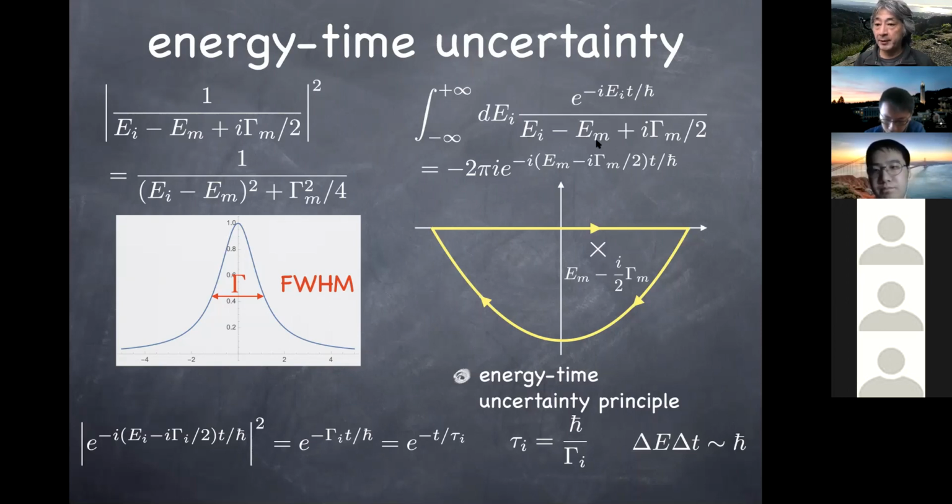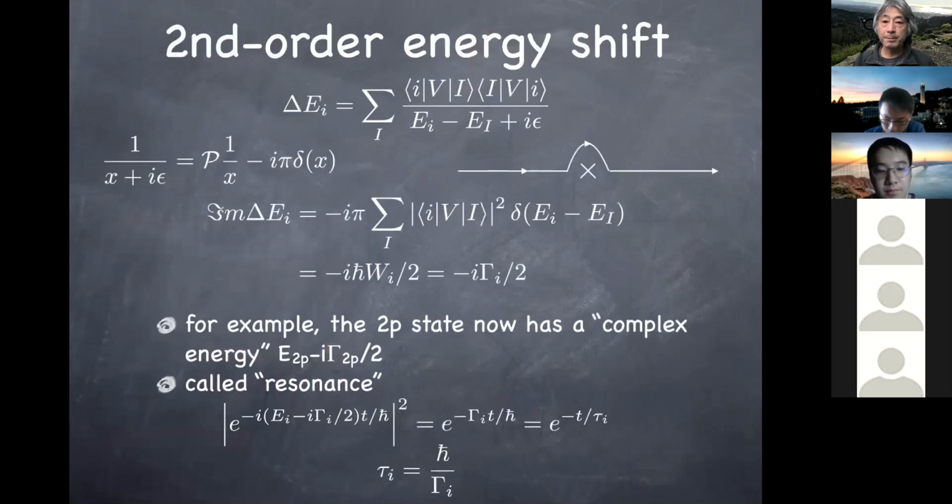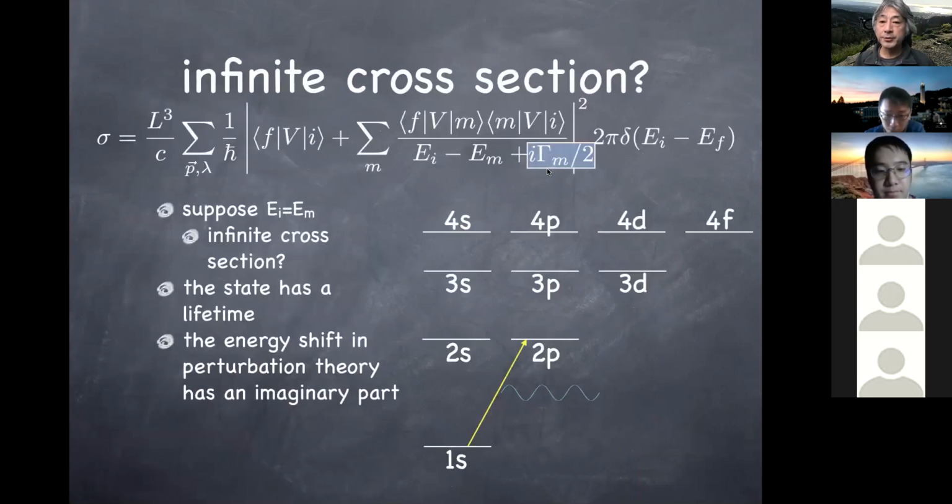Does that answer your question, Ryan? Yes. Okay. Thanks. So just to recap what we have done: we had this puzzle that the cross-section seems to diverge when you hit exactly the right energy to excite the atom from the 1s state to the 2p state. But now we know it's not infinite, it's actually finite, because the energy of the 2p state has an imaginary part.